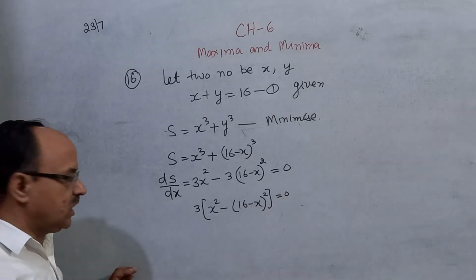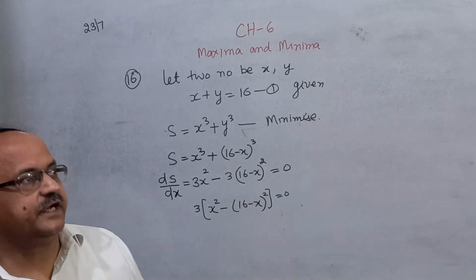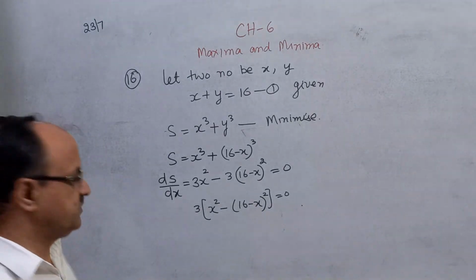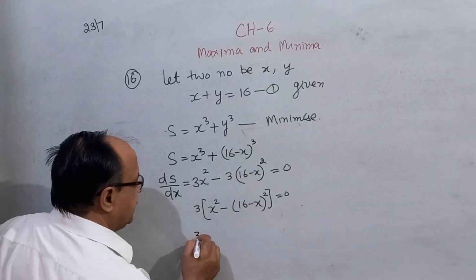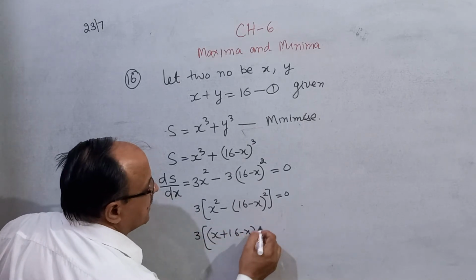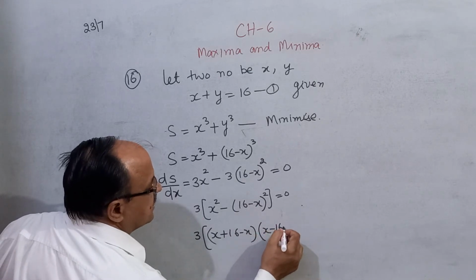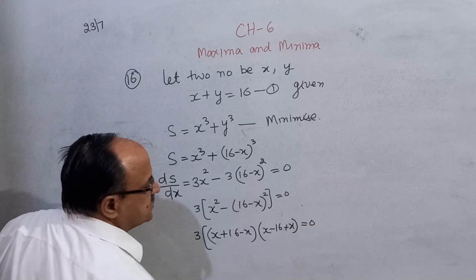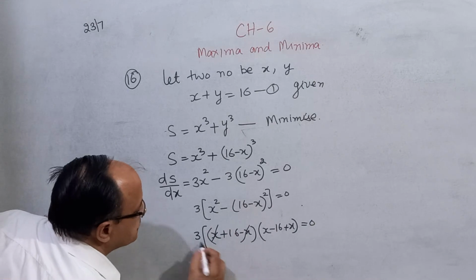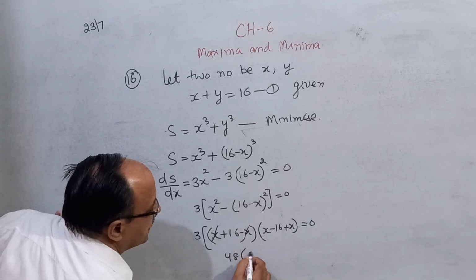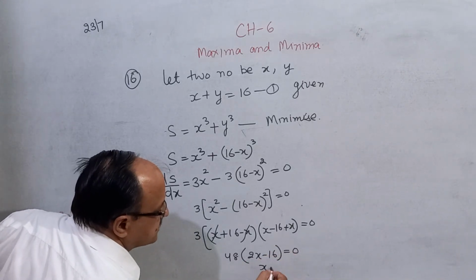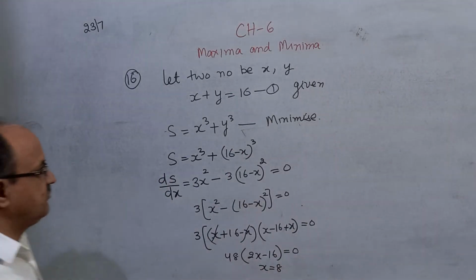Apply the identity a square minus b square equals a plus b times a minus b. We write x plus 16 minus x and x minus 16 plus x equals 0. The x cancels, 16 times 3 is 48, and here 2x minus 16. Put this equal to 0, then x is equal to 8.